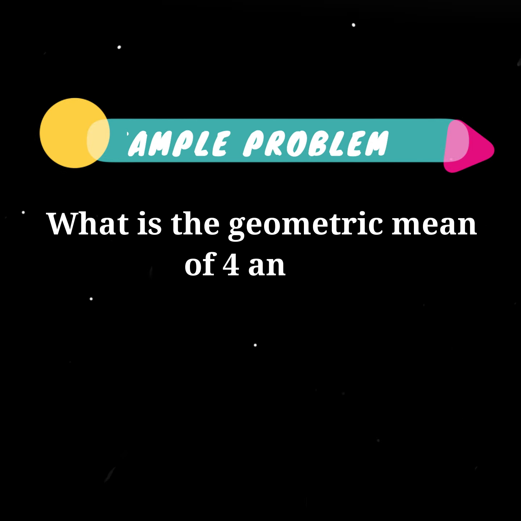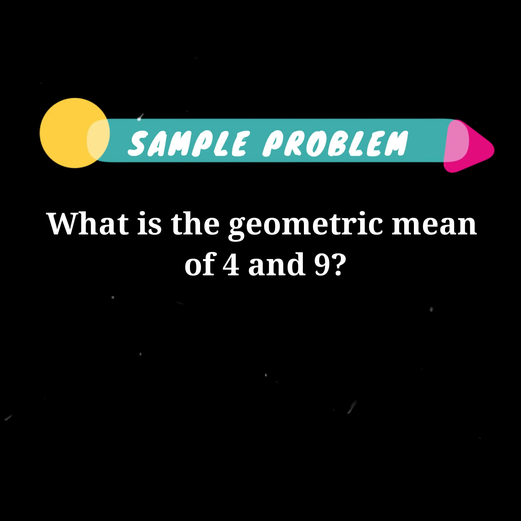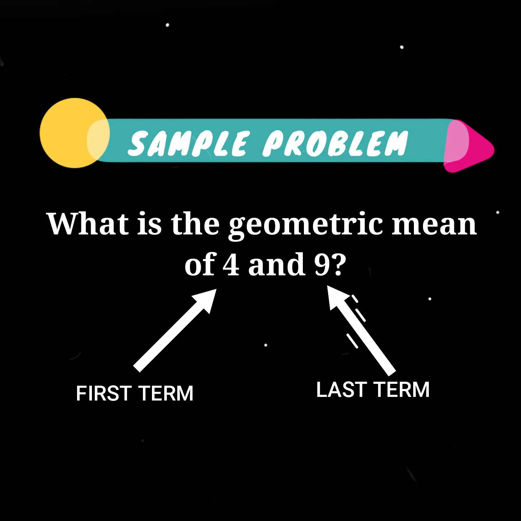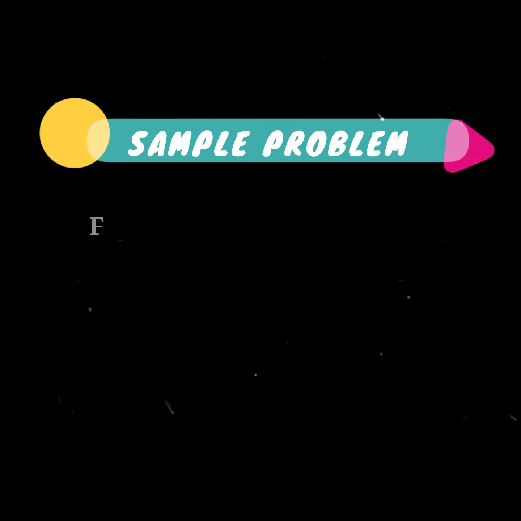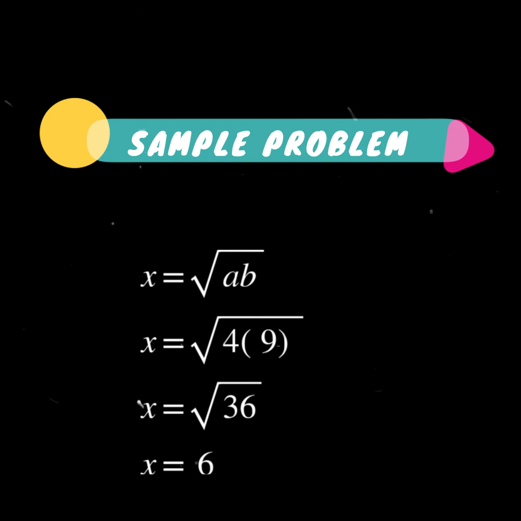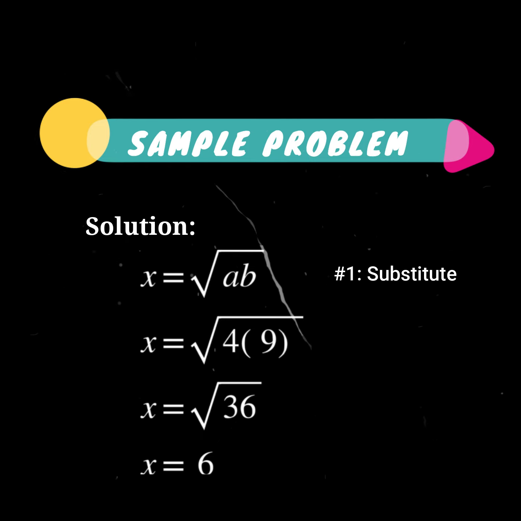Now, here's our sample problem. Number 1. What is the geometric mean of 4 and 9, given our first term is equal to 4 and our last term is equal to 9? The formula that we're going to use is x is equal to square root of AB. Solution: x is equal to square root of AB, and we will substitute our first term and last term, where x is equal to square root of 4 times 9.